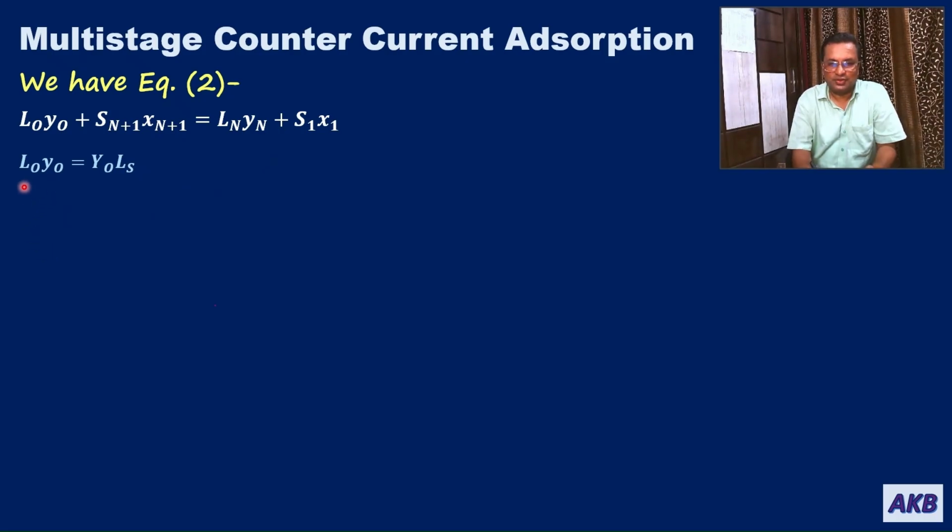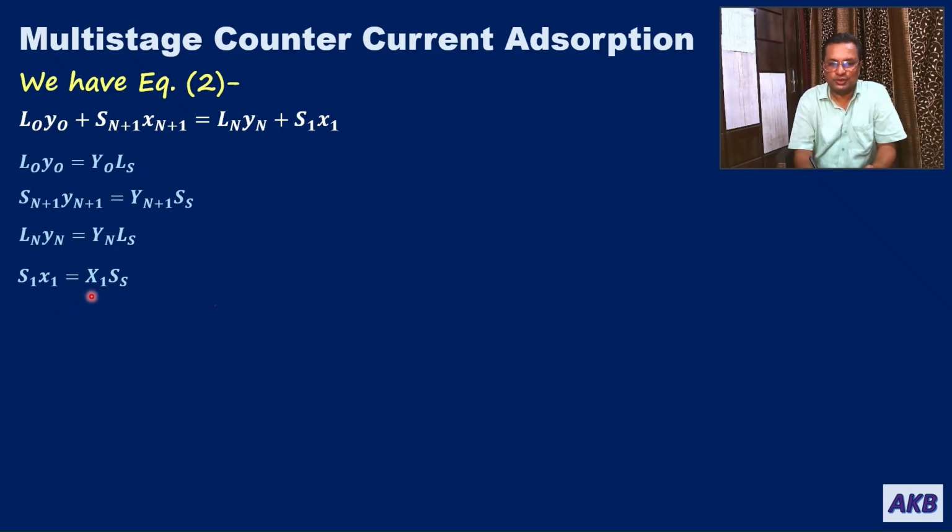L0 into small y0 can be replaced with capital Y0 into Ls. Sn plus 1 into small xn plus 1 can be replaced with capital Xn plus 1 into Ss. Ln into small yn can be replaced with capital Yn into Ls. And finally, S1 into small x1 can be replaced with capital X1 into Ss.